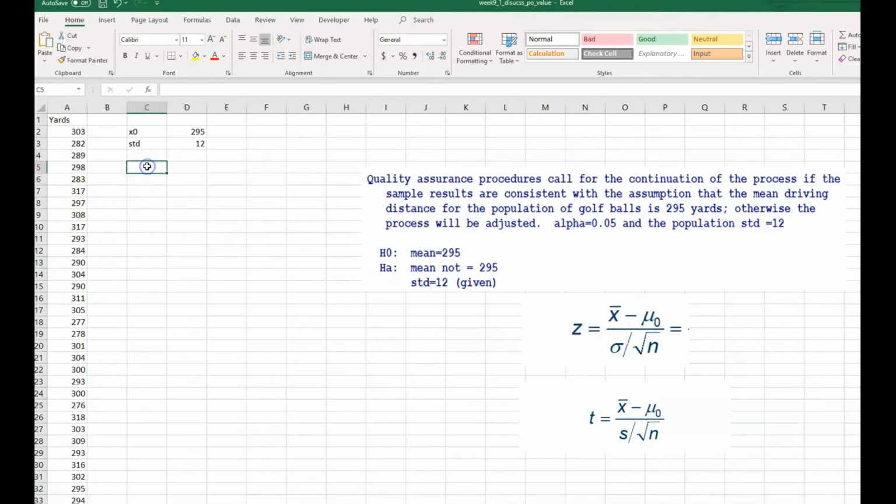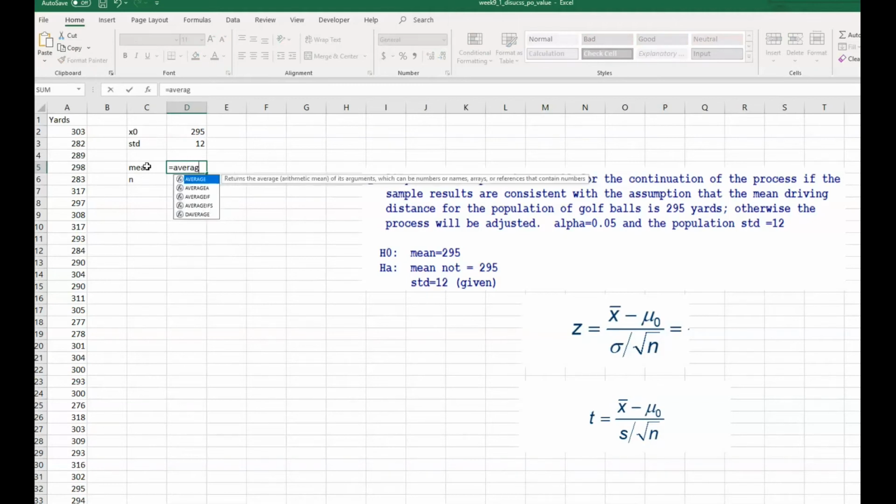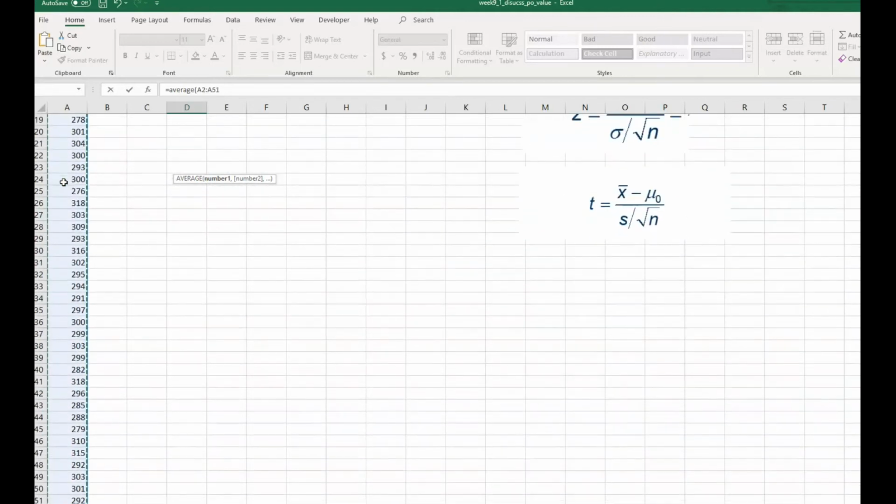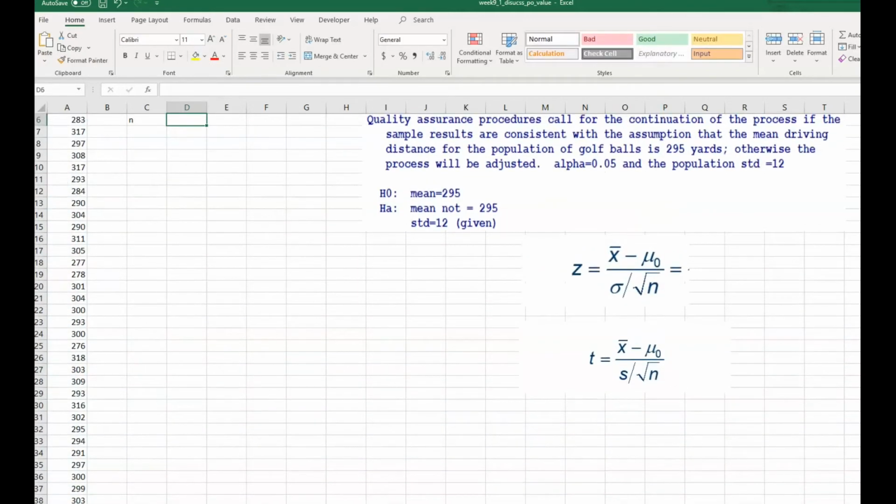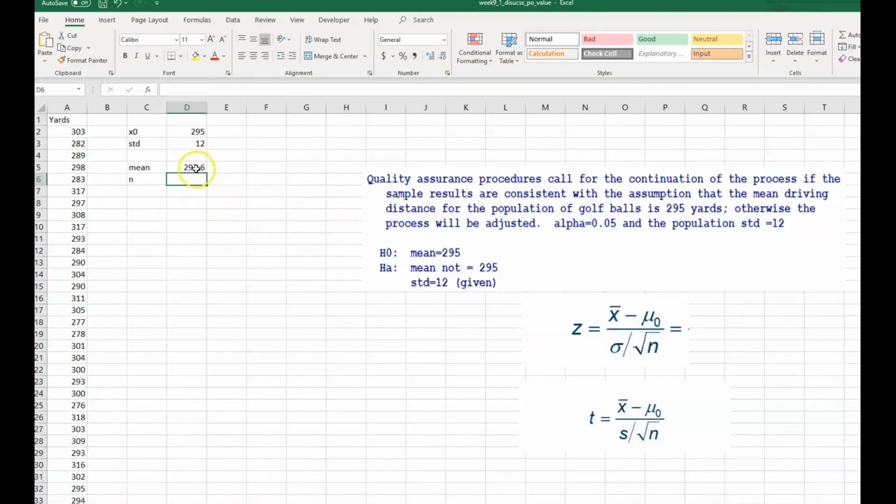We calculate the mean, and we calculate n, which is the count. For the mean we use average. Highlight, Control Shift Down, and close it. So this is our average.